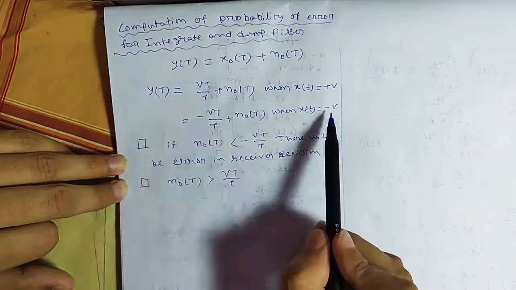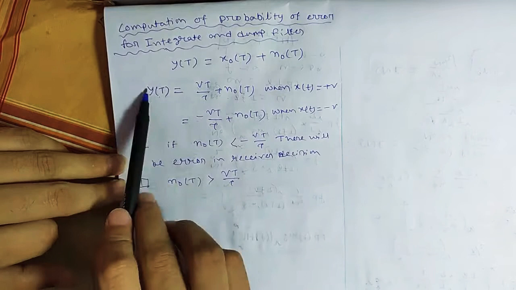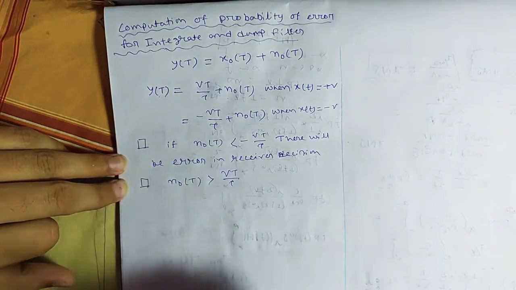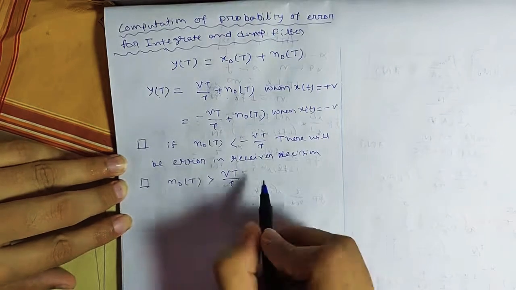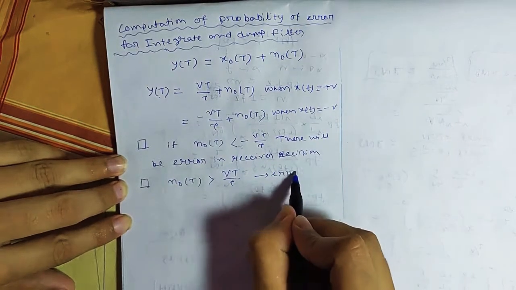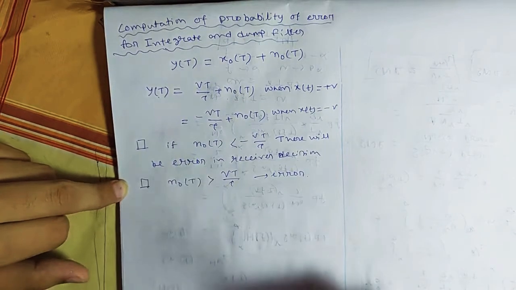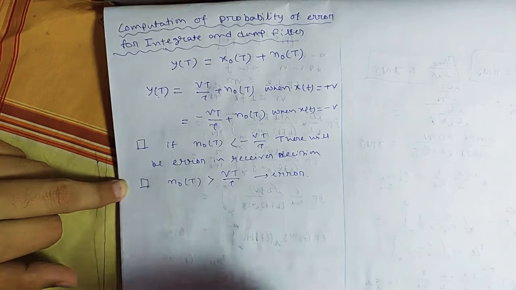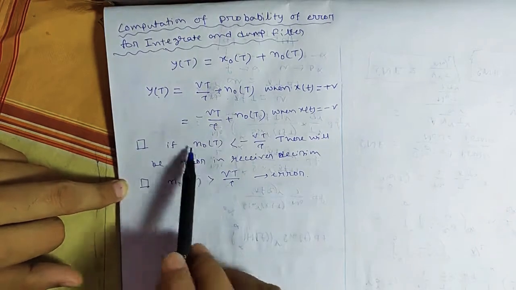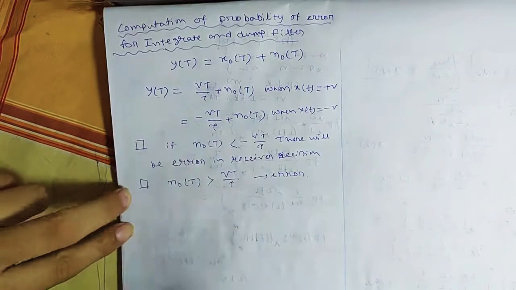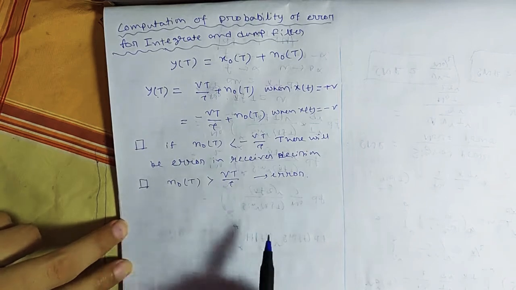So the actual transmitted pulse was negative, but the output is positive, and the receiver will decide in favor of the positive pulse. So in that case also there will be error. These are the two conditions in which the receiver will decide on the wrong pulse. Now we shall see this in terms of the probability density function.